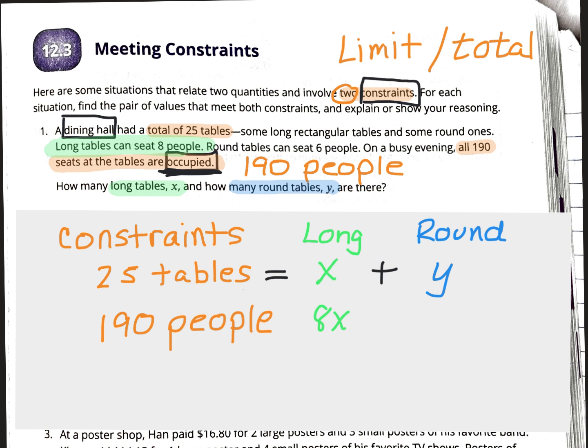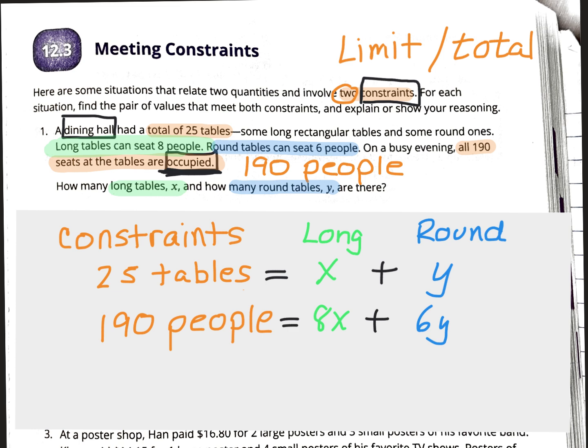So that means 8 times x. And then round tables can seat 6 people, so I need 6 times y. So my second equation is going to be 190 equals 8x plus 6y.